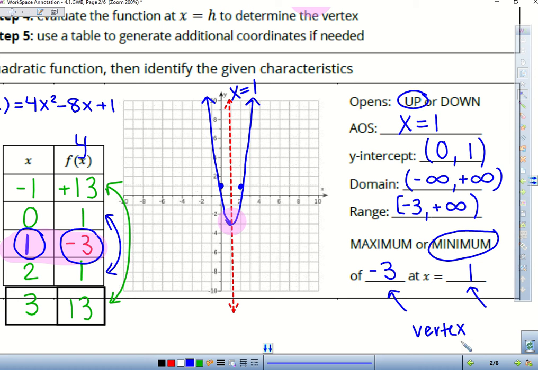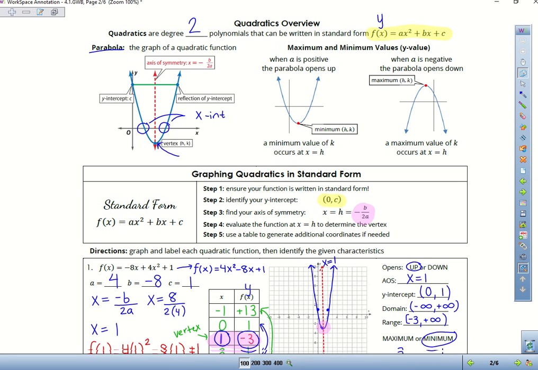Does anyone have any questions about that so far? Are we ready to try the next problem, or does anyone need a little more time on this one? Okay, let's move on then.